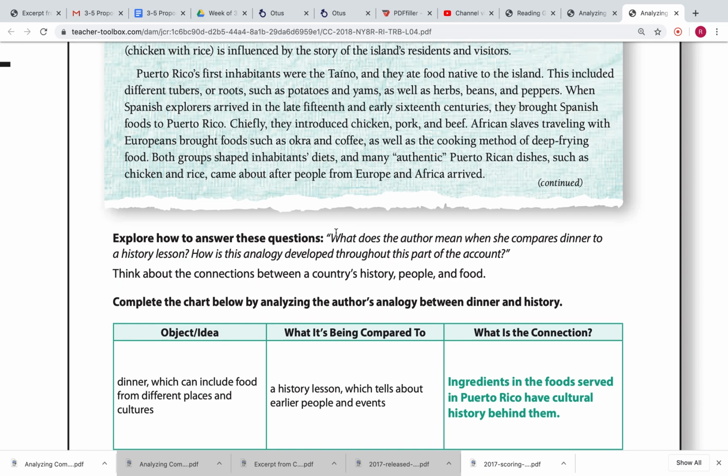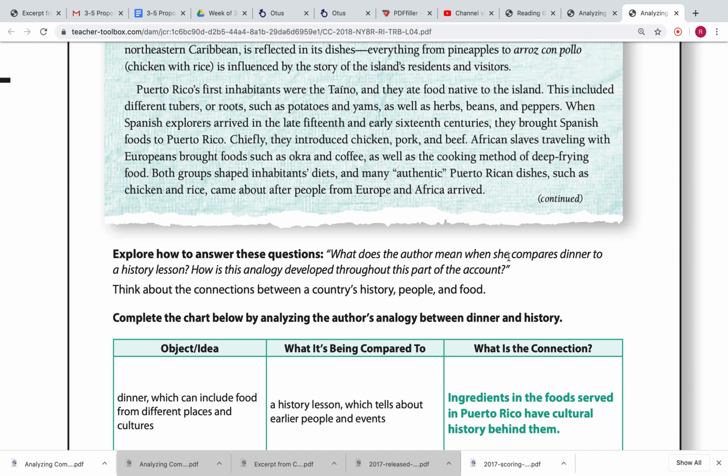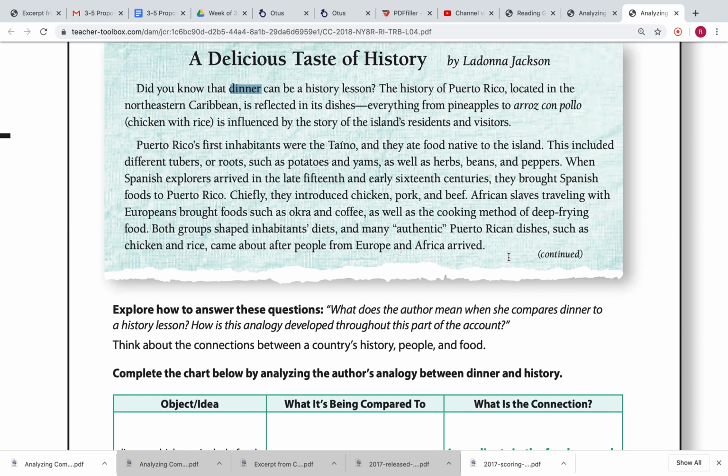So let's explore to answer these questions. What does the author mean when she compares dinner to a history lesson? How is this analogy developed throughout this part of the account? So based on what we just read, Puerto Rican food is based on events that happened in history.